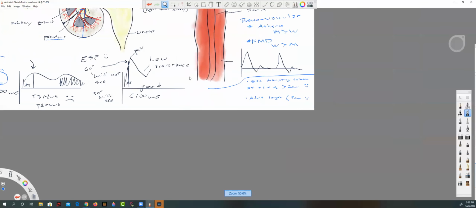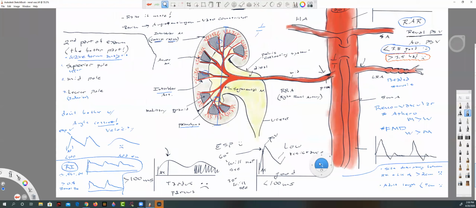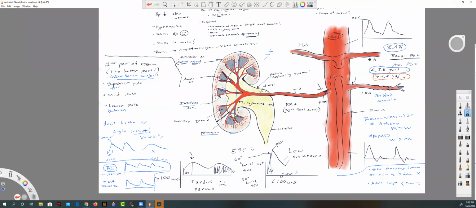When we do this exam, the actual exam is as explained. However, almost everywhere you work, basic kidney measurements and a sweep through will also be required, because they do want to know, are there any masses?